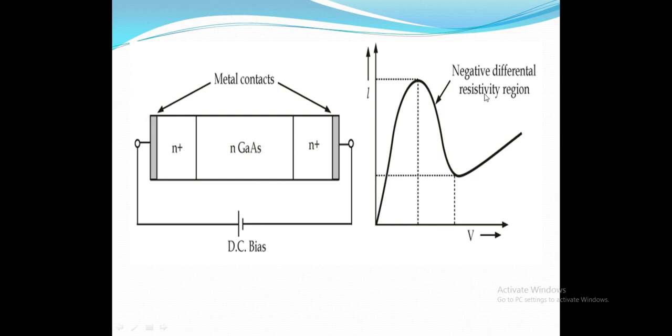This negative resistance property is used to produce oscillations in the microwave frequencies. The Gunn effect is exhibited by semiconductor materials like gallium arsenide, indium phosphide, cadmium telluride and indium arsenide.